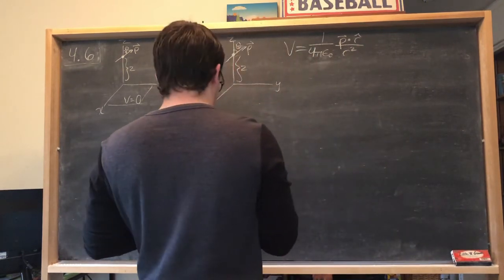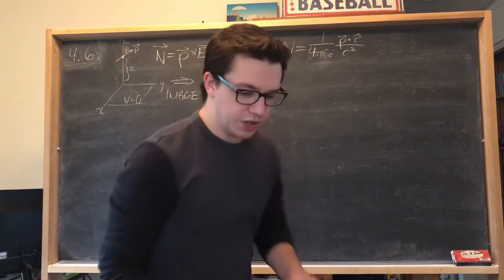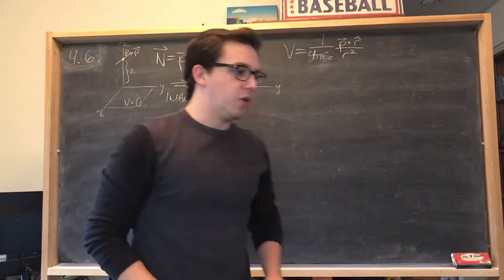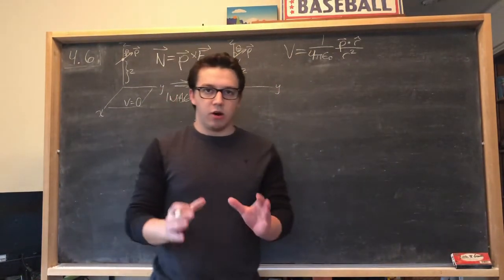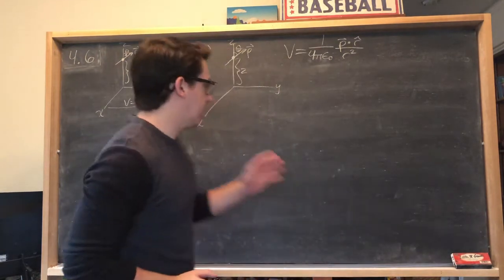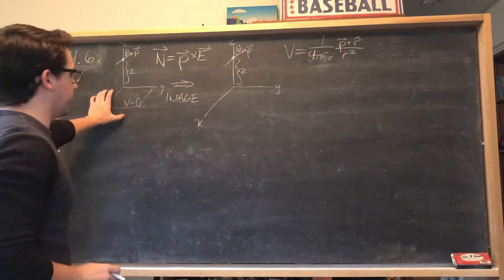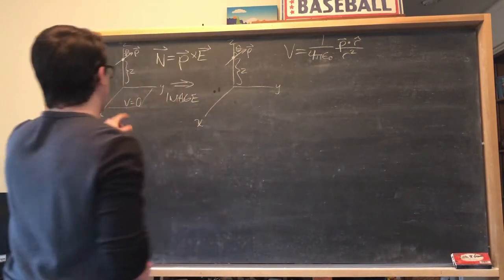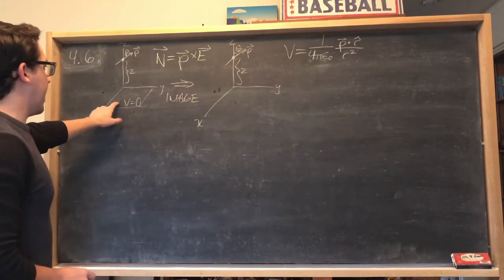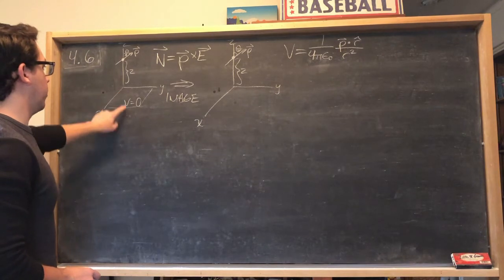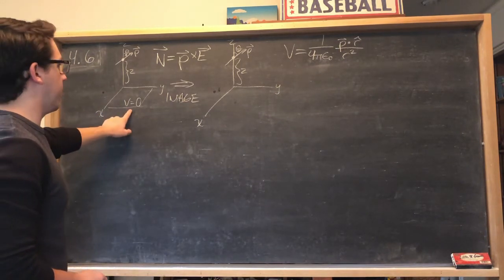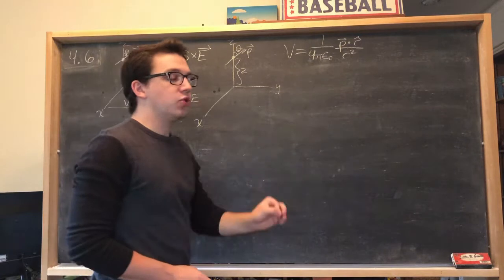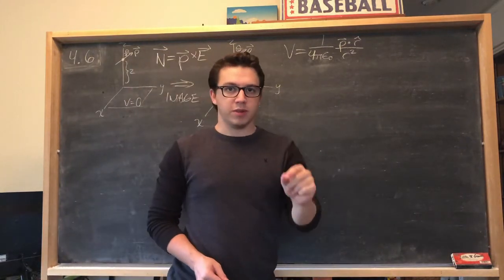Again, we need to make sure that our boundary conditions are the same in both our original setup and the image analog situation. One boundary condition is that for any point where z equals 0, the potential has to be 0. Recall that potential also follows the principle of superposition.